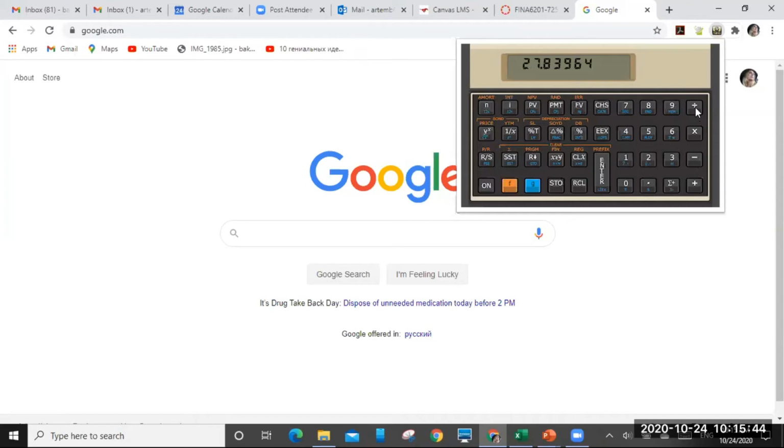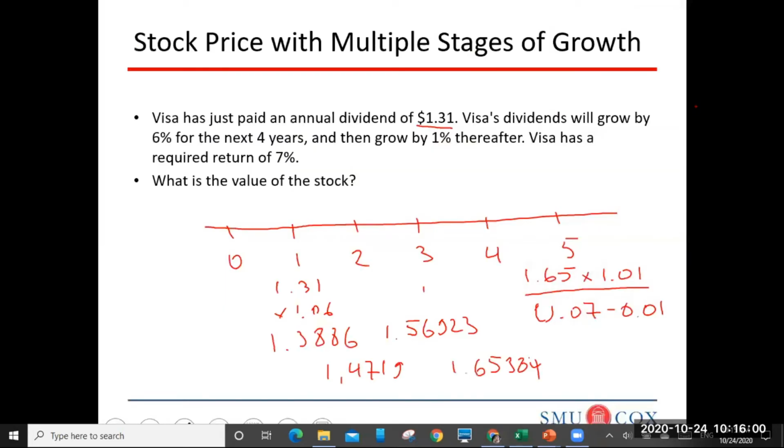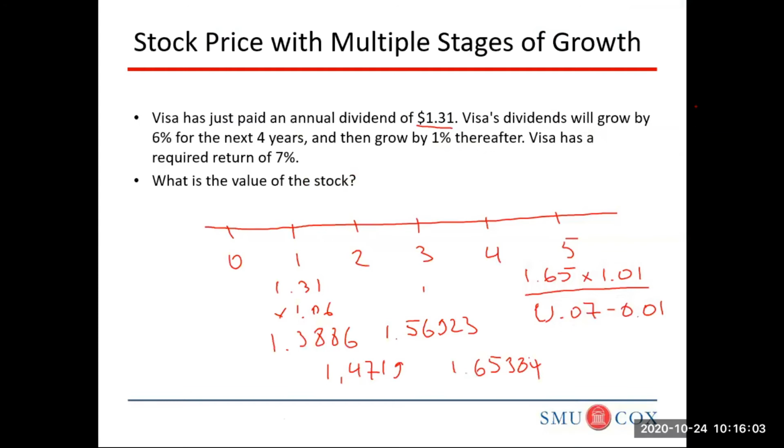And how do we interpret it? What did we just calculate by using the perpetuity formula? The cash flows from year 5 forward, the value of the cash flows from year 5 forward. Yeah, very good. So I'll put it on a timeline.